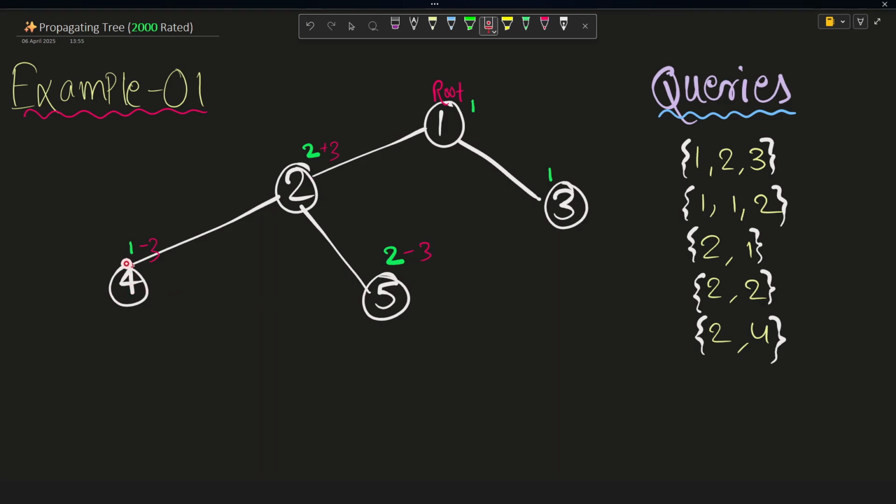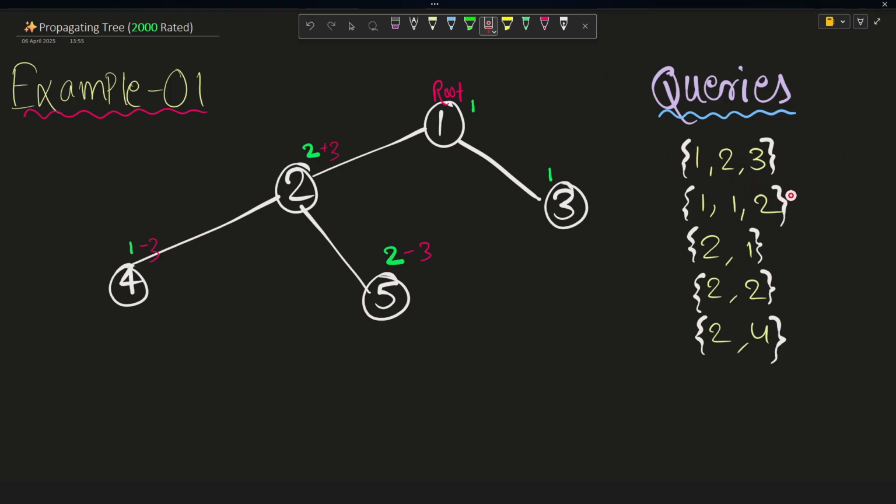Since these two nodes are the leaf nodes of the tree, we cannot propagate these values any further, so we stop at this point, and this query ends here. In this way our first query will be done.